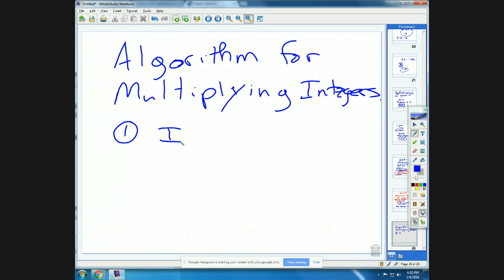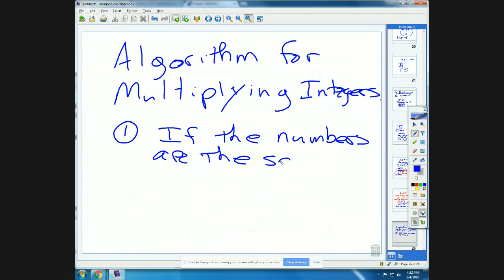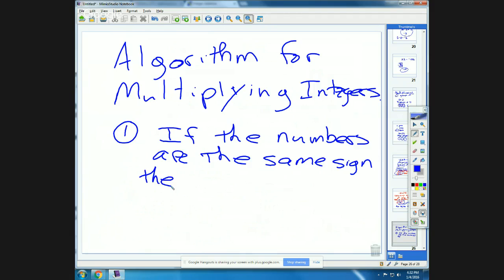If the numbers are the same sign, anybody want to finish this for me? Then they hold that sign. No, we're doing multiplication.